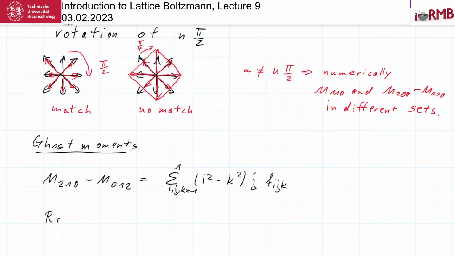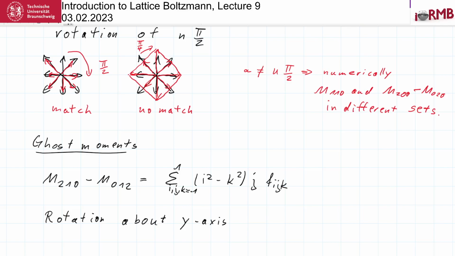We do a rotation about, so what axis do we take? We take the y-axis. We rotate about the y-axis because now the y-axis does not change.